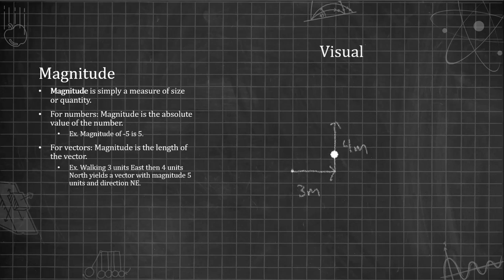The length of these arrows would be the magnitude of those vectors, and if we have some line connecting them, the overall displacement vector here would be 5 meters, and that's just using the Pythagorean theorem. It's a 3, 4, 5 right triangle. The direction would be northeast, but remember when we're talking about magnitude, we're just talking about the size of the vector and not the direction.